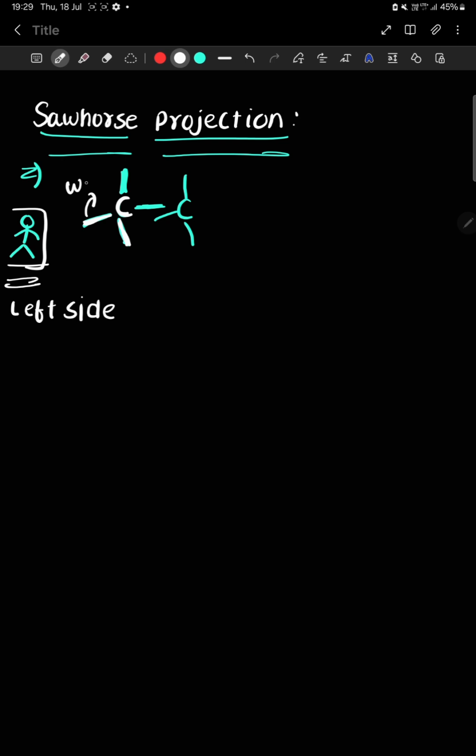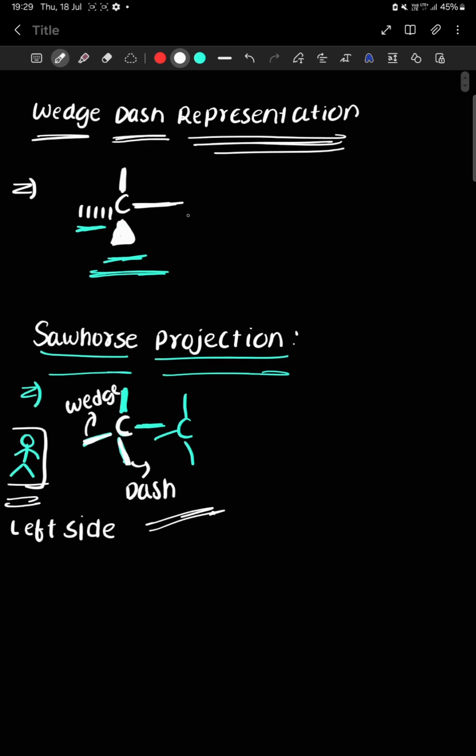This is a wedge bond and this is a dash. So this may not always be given to you, but you will have to remember this. Now coming to the projections that need interconversion, because this to this is pretty easy, you just have to remember that wedge is on one side and dash is on the other.